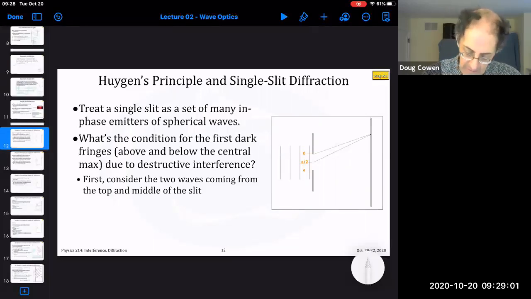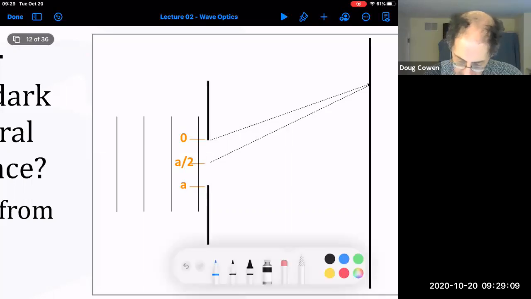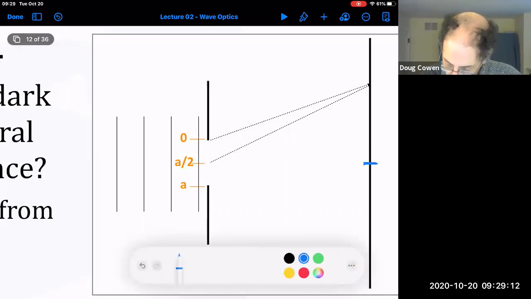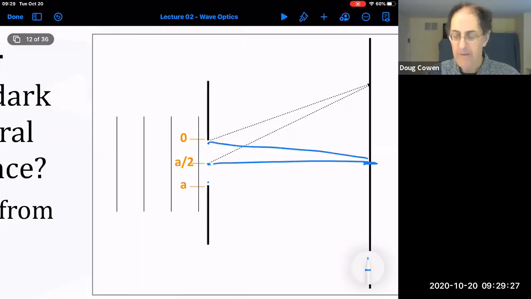What I mean by that is right here at the central point, we expect to get a bright fringe because each of the rays, if I imagine all these rays coming from all these different points, will have traveled essentially the same distance in order to get to that central point. And so we will get a large bump right here in the center.